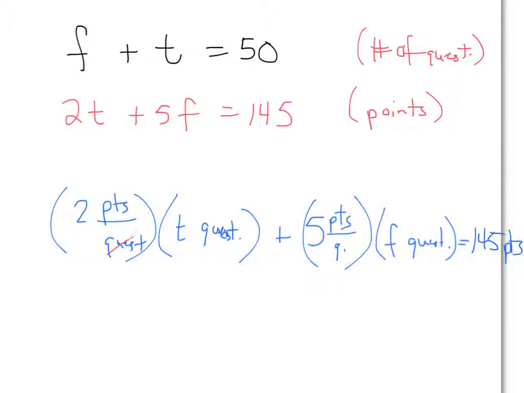The units of questions cancel here and here, leaving these units to be points. These units are points, and units of points plus points gives you units of points on the end. So what you can do is, and this is called dimensional analysis, you're just checking that the units make sense. So if you need help when you're trying to figure these out in the test, think about what the unit should be, and that might help you verify that the answer you're getting is indeed correct.